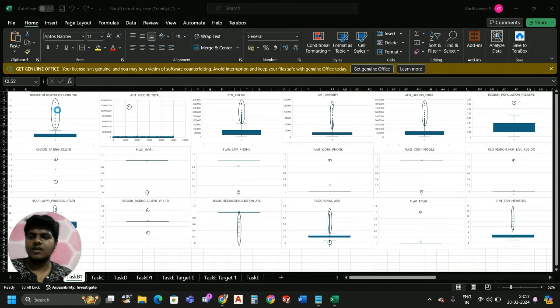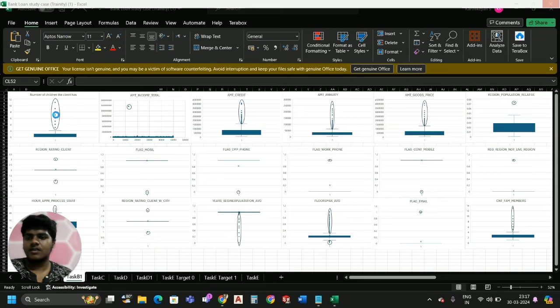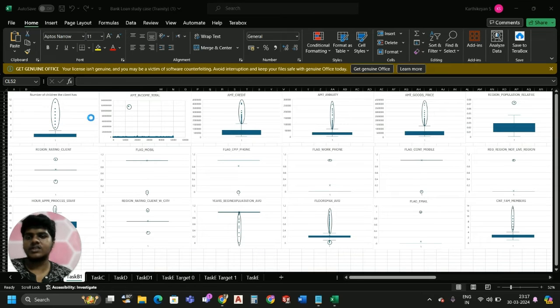Here we can see the outliers for the number of children the client has. The dots above the certain horizontal line are the outliers present for each column.